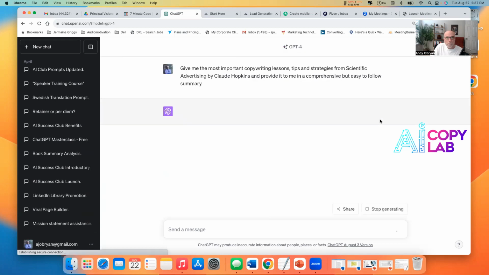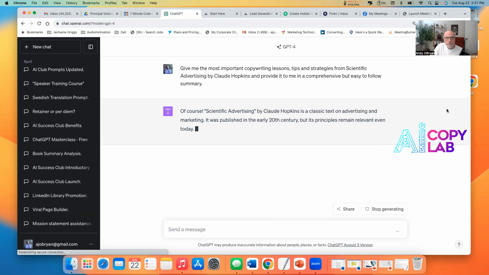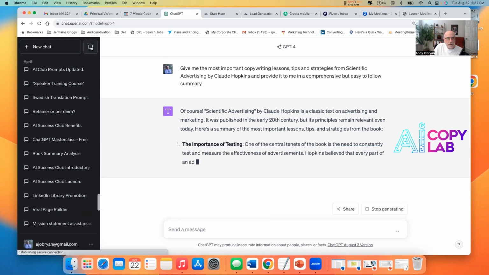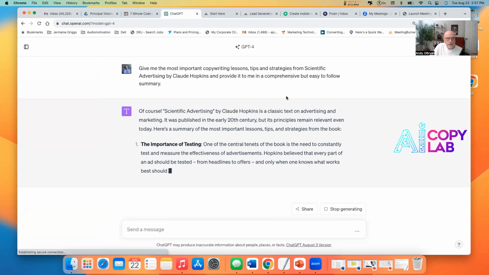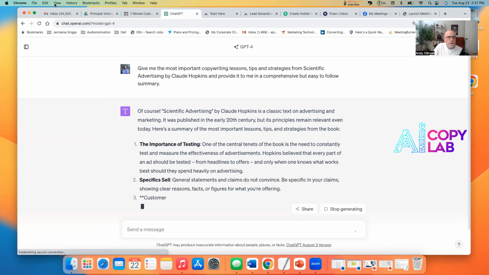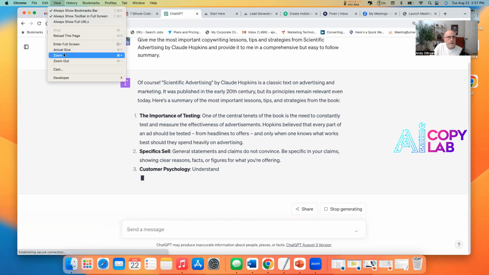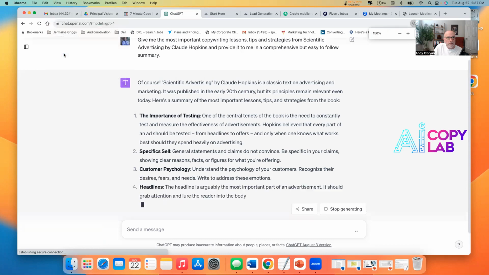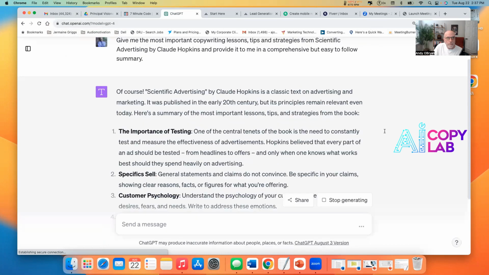Here we go. It is summarizing. I'm going to close out my side thing here, increase the screen, and zoom in a little so you can see more of what I'm doing.